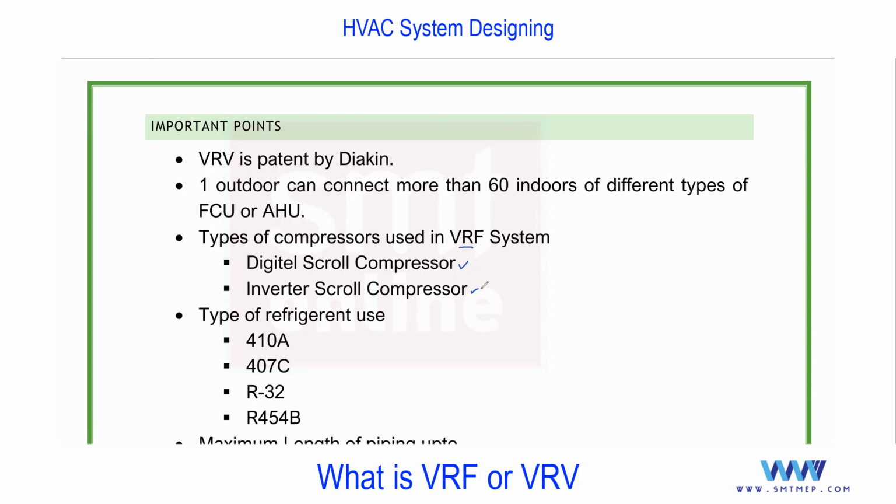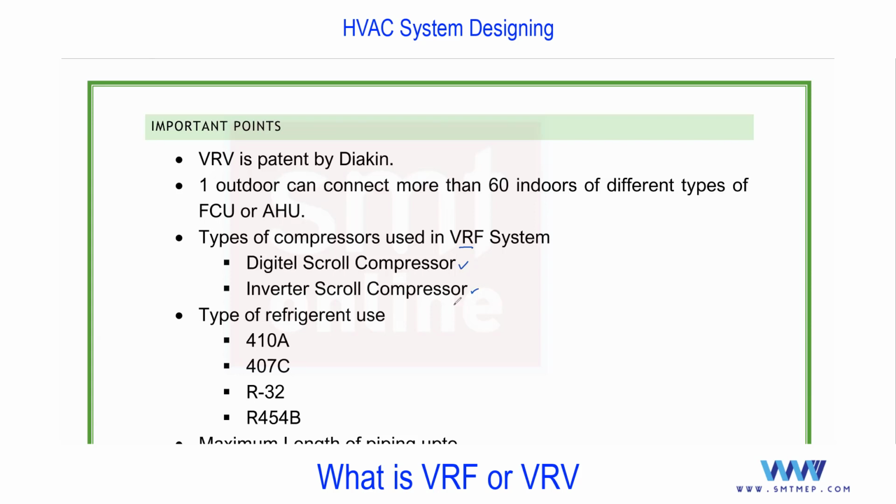In an inverter scroll compressor, you'll find variation in speed. The inverter scroll compressor can run at different speeds because it works with a VFD drive. Okay, so what is VFD? You'll find it in the next part, and it's a very important concept, not only for the compressor. The VFD concept is important for the pump as well as for the fan in HVAC.